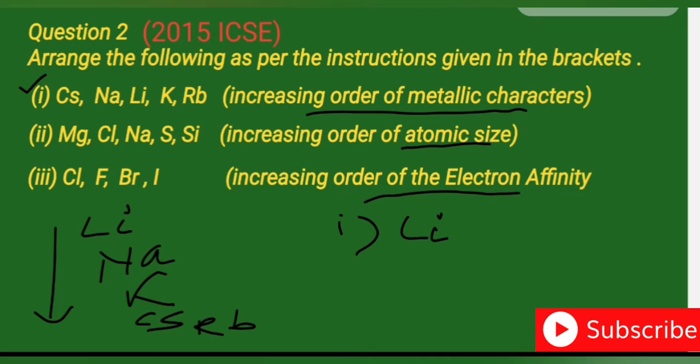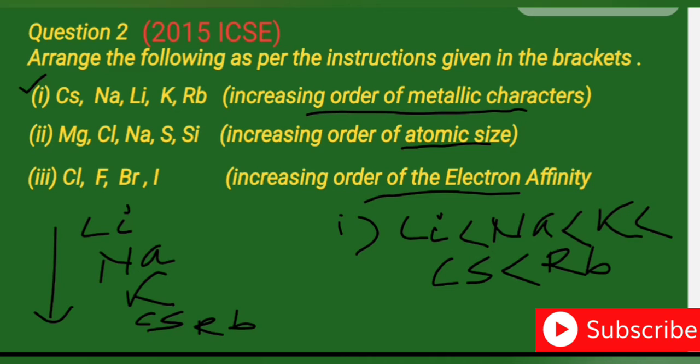Whatever answer you write must be in increasing order. So if you write by putting commas also, it is acceptable. So you write lithium, then sodium, then potassium, then rubidium, then cesium. Is it clear, children?